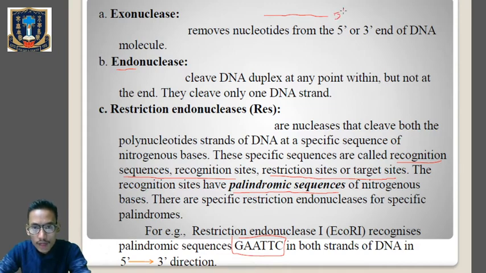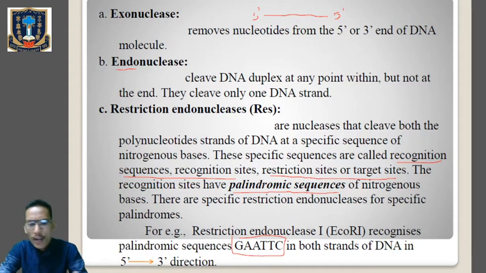It will be here 5', and here it will be 3'. Clear? So this is called the anti-parallel polarity of the DNA molecule. All these things we have learned already in class 10 also, in 11 also, and we'll learn in detail when we go to unit number 2. Clear? So these sequences are present in the DNA molecules, and GAATTC palindromic sequences are recognized by the enzyme EcoR1.